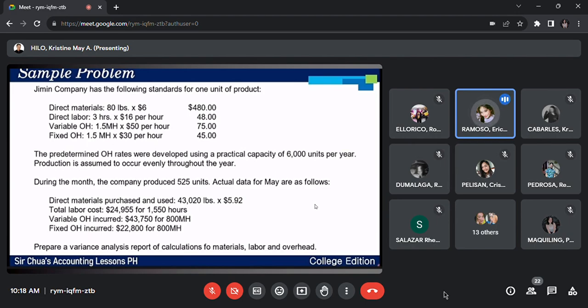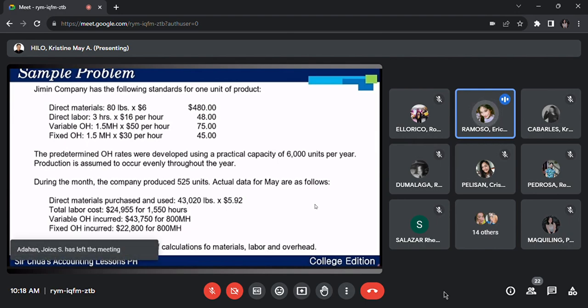Variable overhead is 1.5 machine hours times $50 per hour, and fixed overhead is 1.5 machine hours times $30 per hour. The predetermined overhead rates were developed using the practical capacity of 6,000 units per year. We divide the 6,000 by 12 months, since 1 year is 12 months, to get the practical capacity per month.